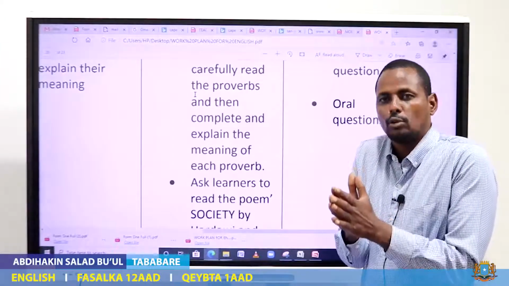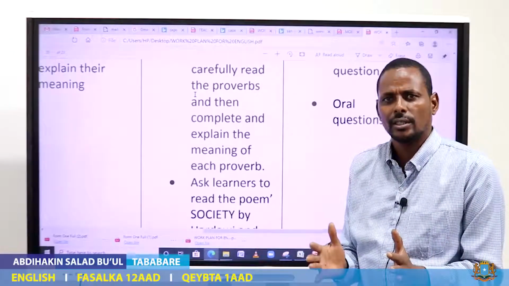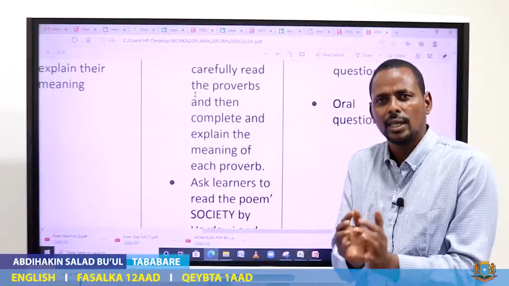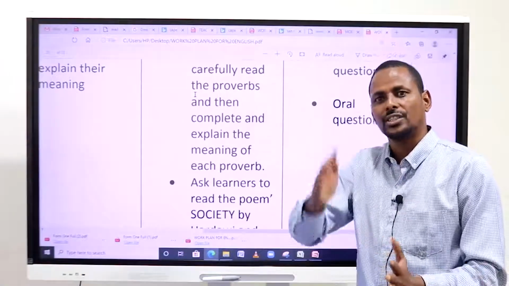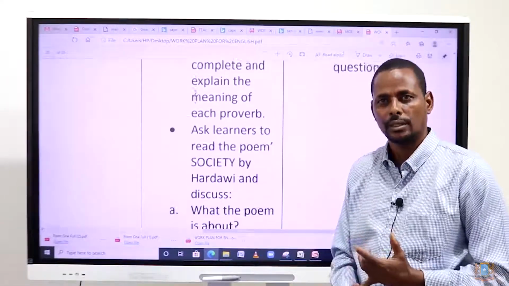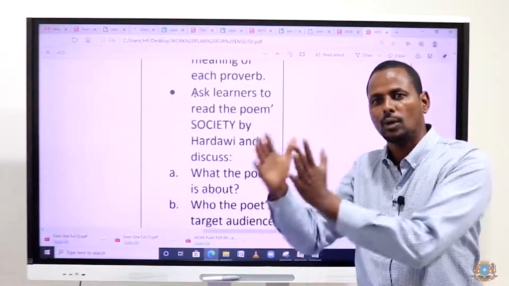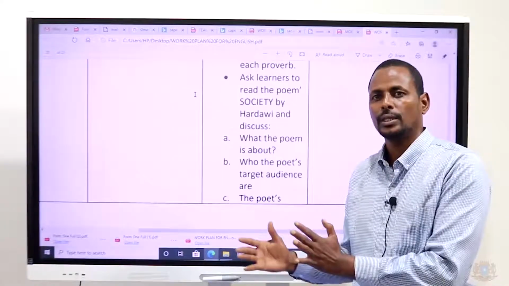They're very economical. They don't use many words. They use very few words with deeper meaning. They use this figurative language, sound patterns, as I've said, rhyme scheme, the rhyming words, alliterating words, these words of wisdom.